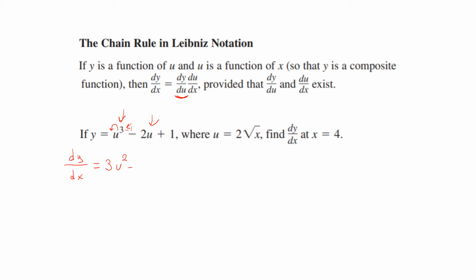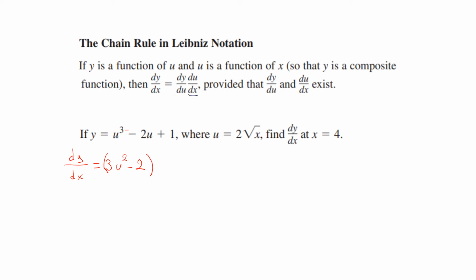Then I have minus 2u, where u has a power of 1, and whatever has the power of 1 just gives me 1. So now I have minus 2. Taking the derivative of a constant just gives 0, so you don't have to write it. So your first portion is basically done.